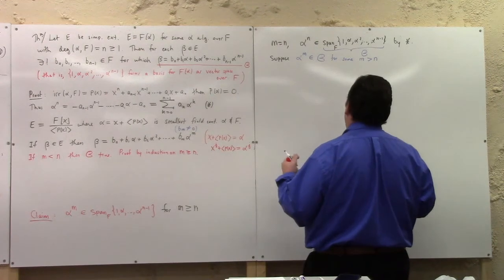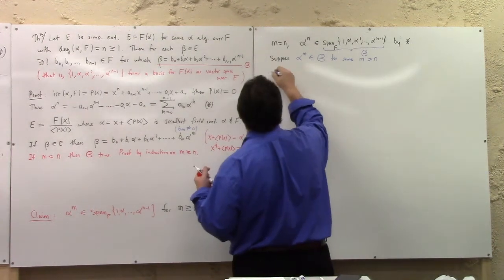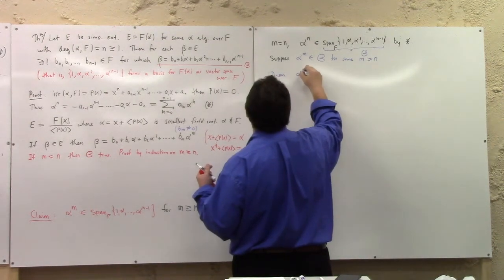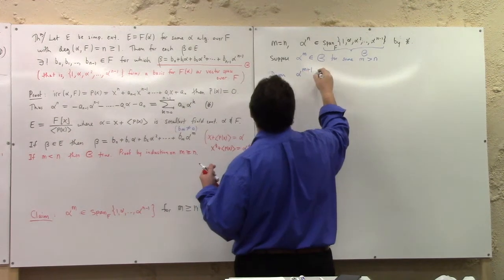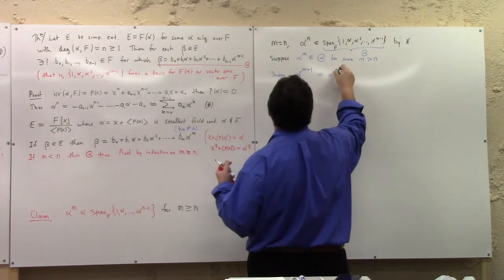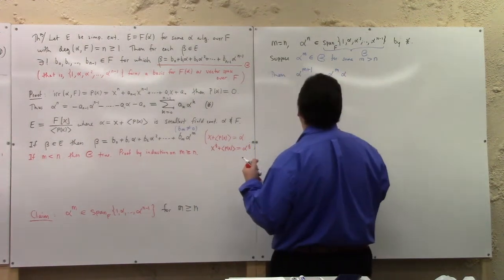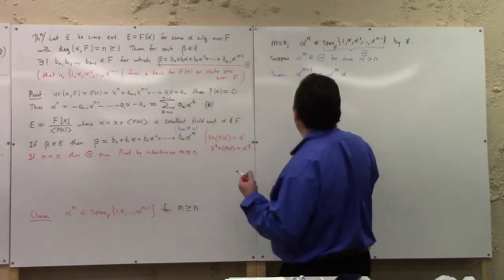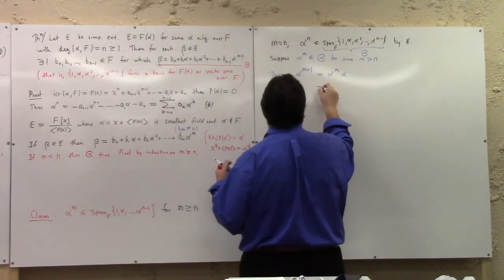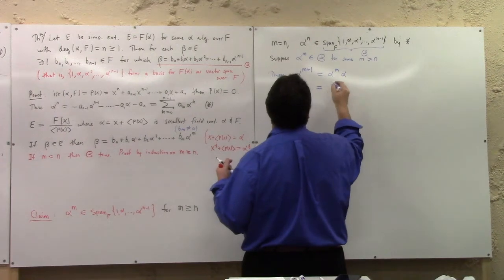All right. Then if we look at alpha to the m plus 1, right? That's alpha to the m times alpha, right? But the thing is that this alpha to the m is what?